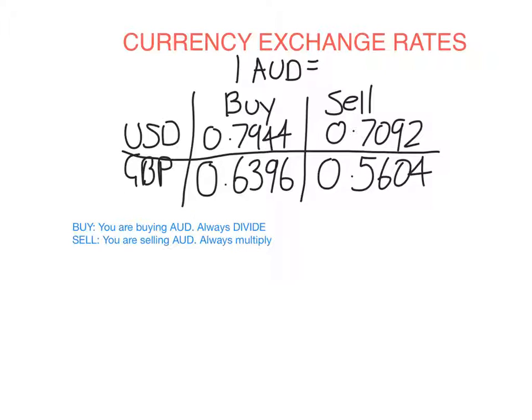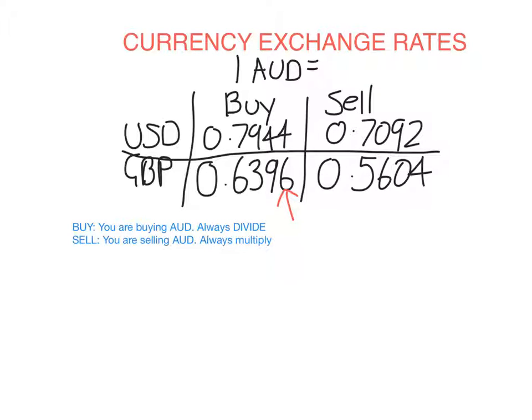So you can see that in both of these cases the buy rate is always higher than the sell rate. So basically, if you were to take 100 Australian dollars, convert it into US dollars, and then the same day you change your mind and go back to Australian dollars, you'd have less money than you started with. It's just basically so banks can make money.